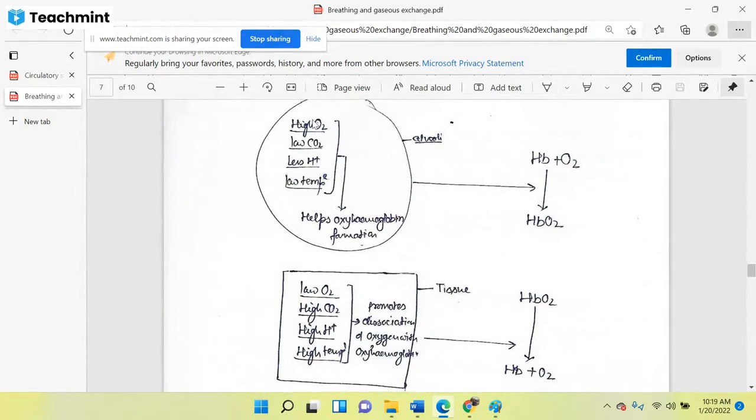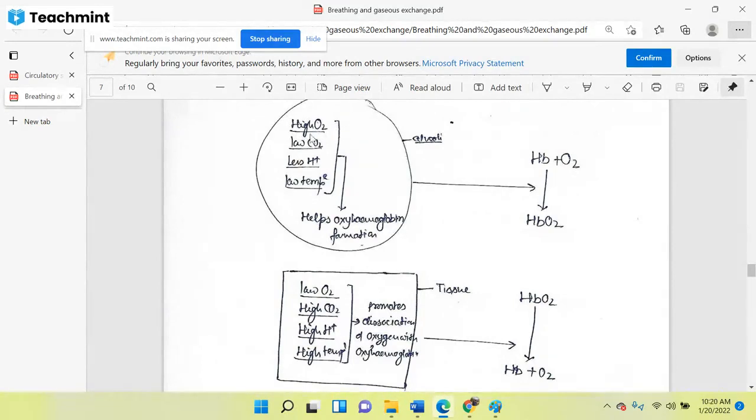Obviously in case of alveoli, when we are inhaling the air, the concentration of oxygen should be high, and obviously it is high. So the partial pressure of oxygen in inhaled air is high, and due to this the amount of oxygen is high. The second thing, in environmental air as compared to oxygen, the amount of carbon dioxide is low.